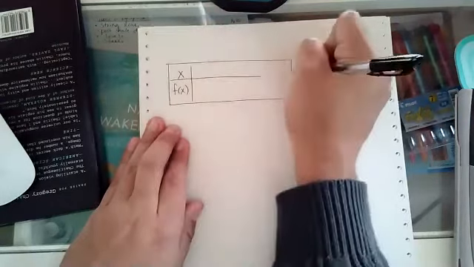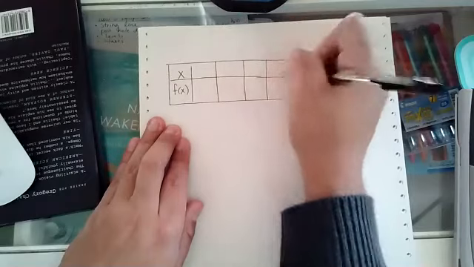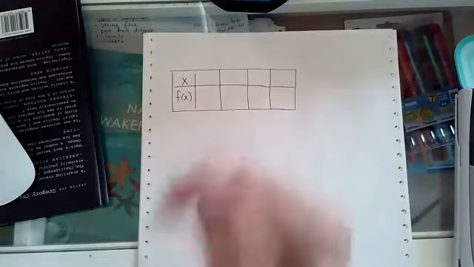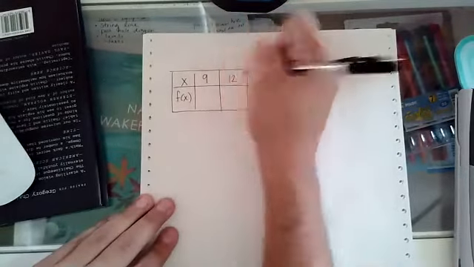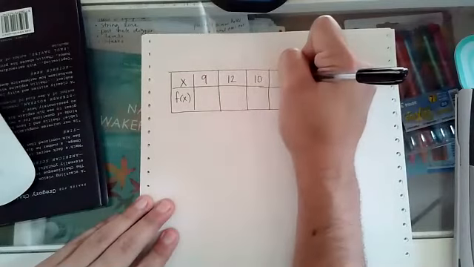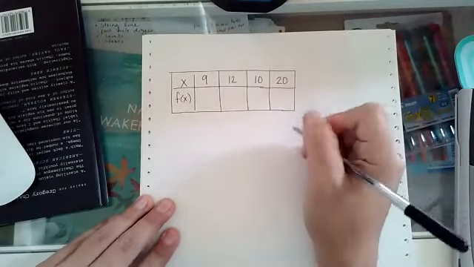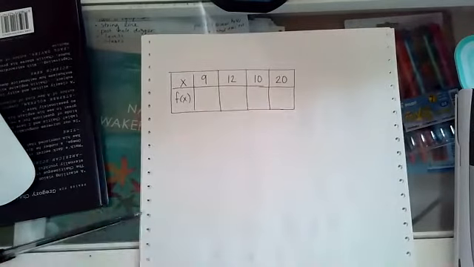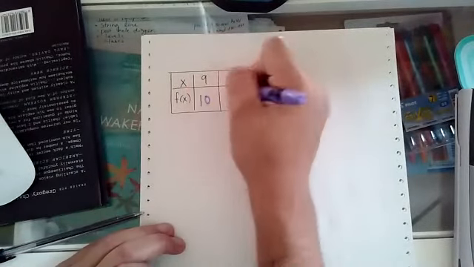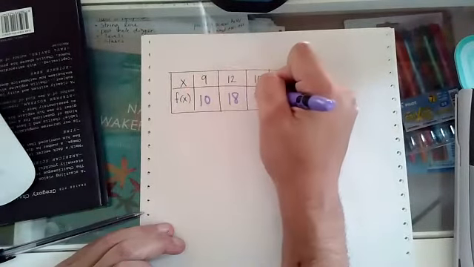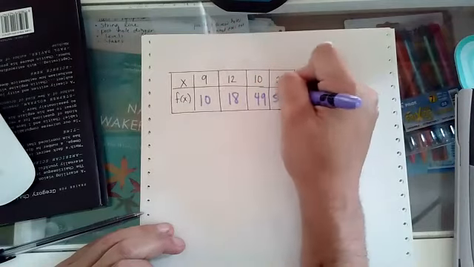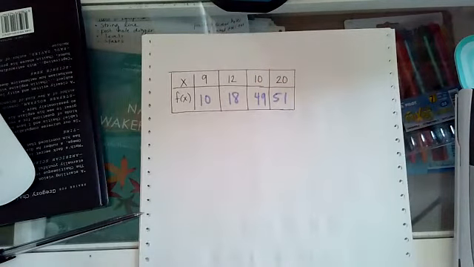And we have 4 values in the table. We have 9, 12, 10, and 20 as our input values. And then for this particular function, they've given us 10, 18, 49, and 51 as our output values.